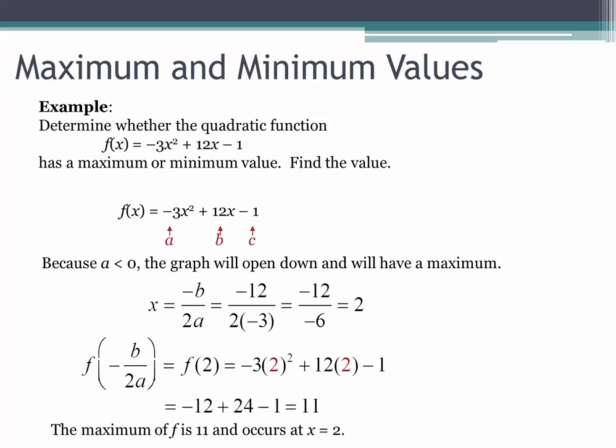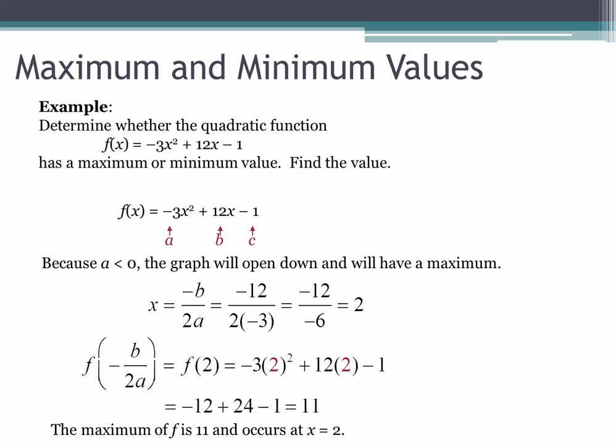This is the x value of our maximum. We then take that 2 and plug it back into the function. So we have negative 3 times 2 squared plus 12 times 2 minus 1. Order of operations is you have to deal with the exponent first.